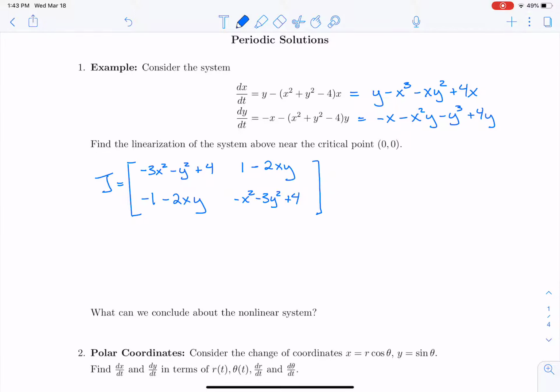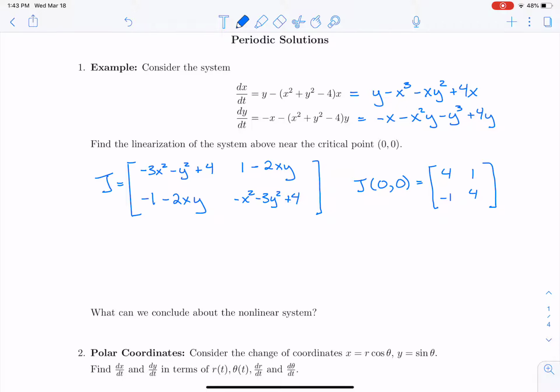I'm specifically interested in this Jacobian at the equilibrium point (0, 0). So when both x and y are 0, I get the matrix 4, 1, negative 1, 4.